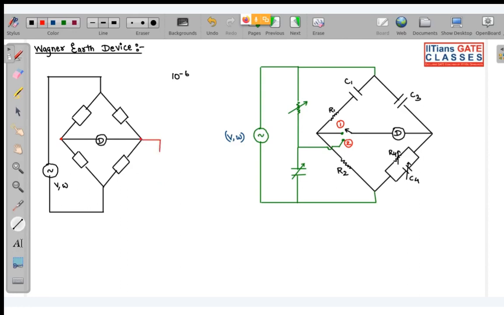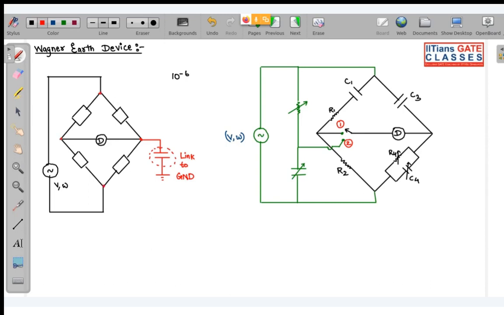So there is a negligible amount of capacitance that by default comes over here. So this is known as what? This is known as link to ground capacitance. This is ground, so this is link to ground capacitance.